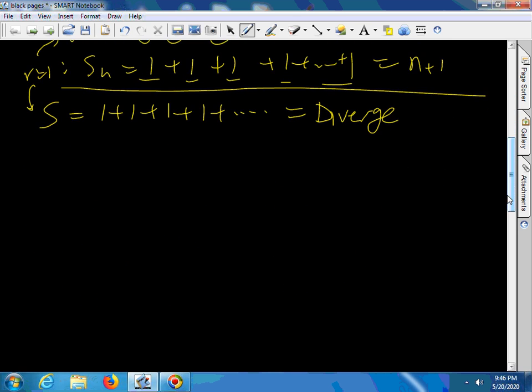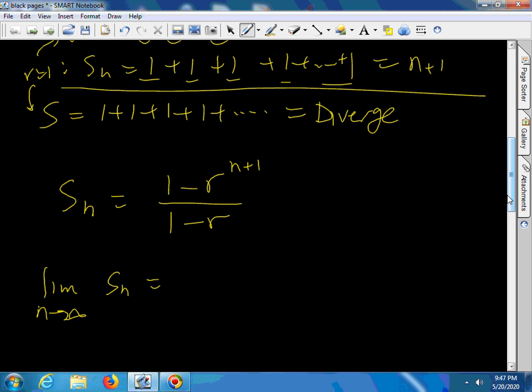Now, we just discovered that S sub n is 1 minus R to the n plus 1 over 1 minus R. Well, what is going to happen if we let n go to infinity of S sub n? Well, that's going to be the infinite series.